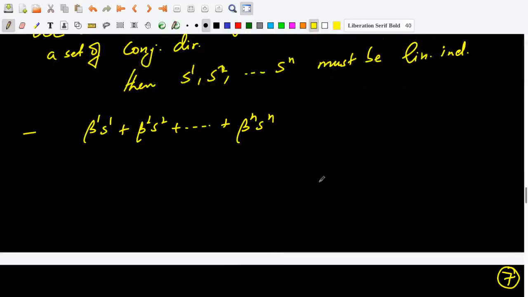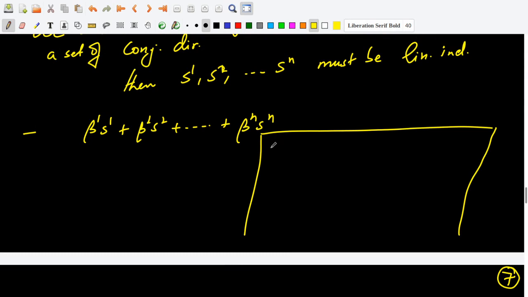So here is the outline of the method. Starting from x1, pick a direction. Let's say S1 is the steepest descent direction in iteration 1.